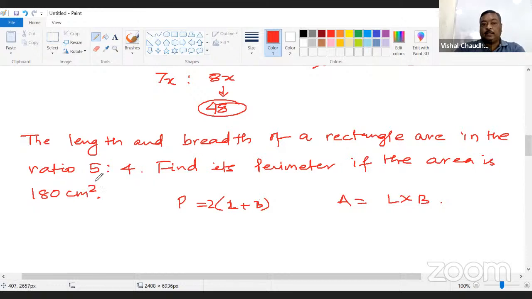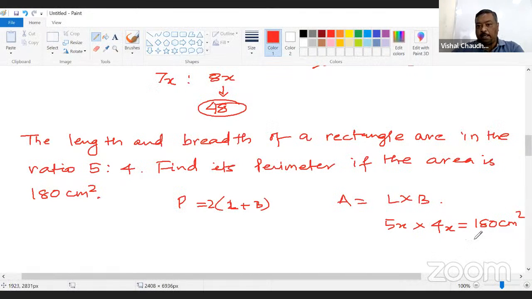So your sides are in the ratio 5:4. That is 5x multiplied by 4x, and this is equal to 180 centimeters square. This is your area.